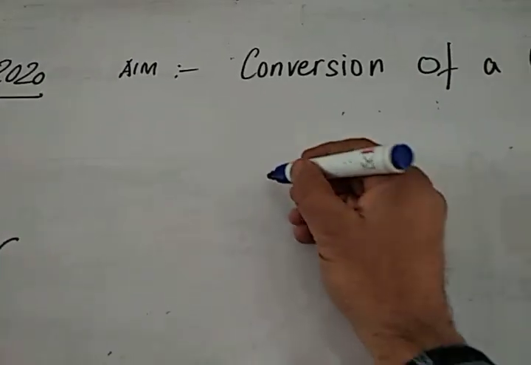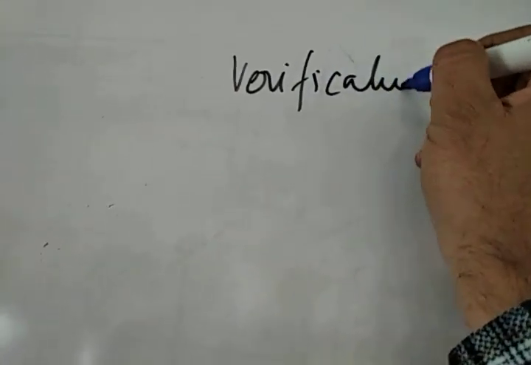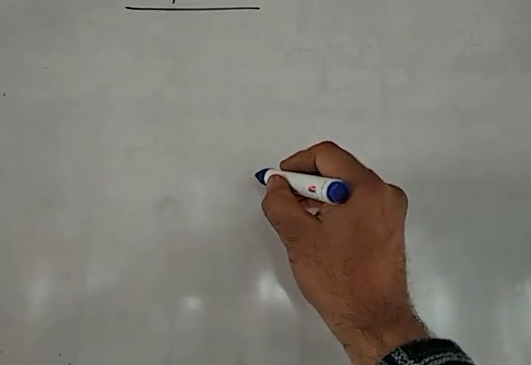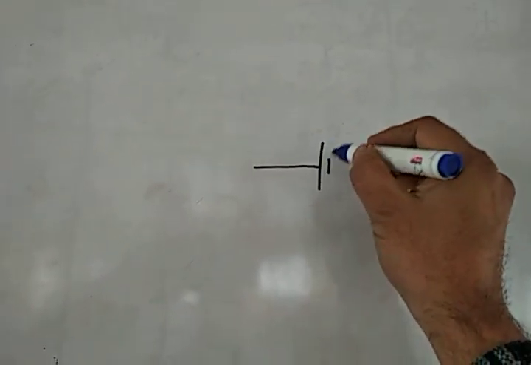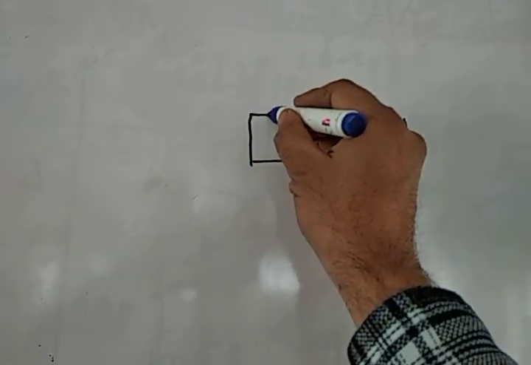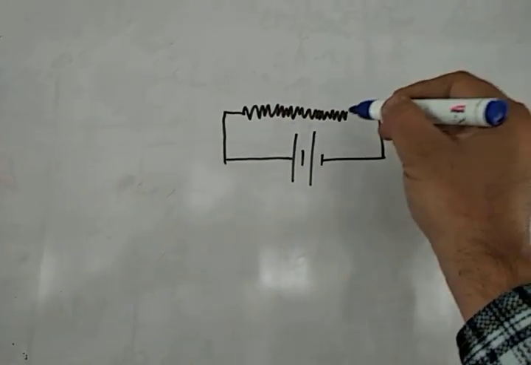So for that, we need some verification circuit. How will we verify it? What we can do is arrange a variable battery, maybe using a potentiometer, a variable power supply.